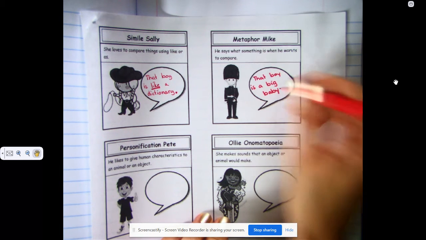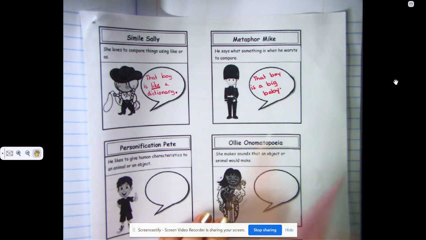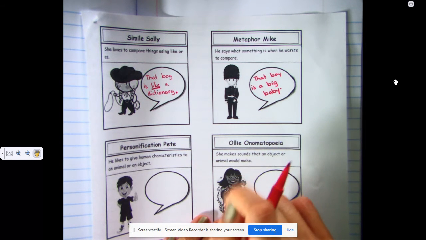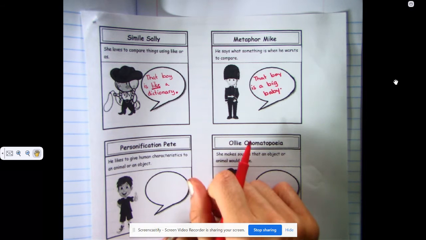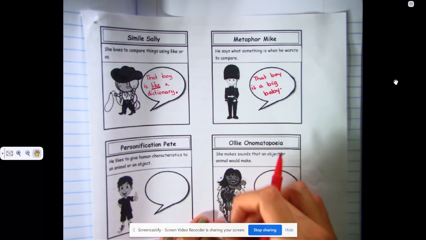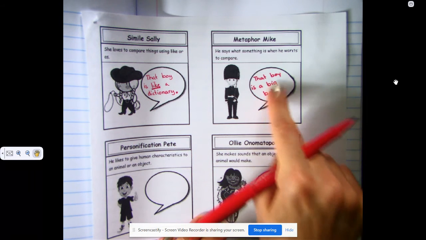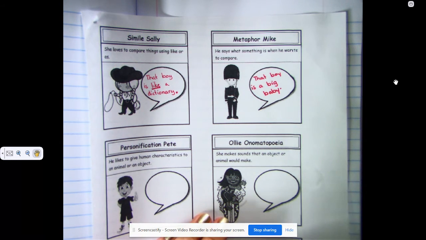I am comparing the boy to a big baby. When I'm saying that boy is a big baby, I don't literally mean he is a humongous baby. What I mean is he probably cries a lot or he's really needy. But I'm not saying that the boy is a big baby. I'm comparing him to it. We're not taking it literally.